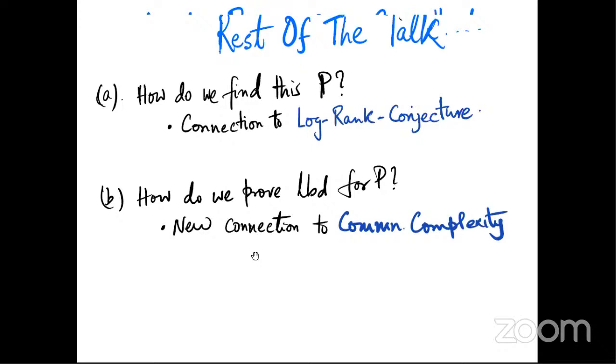What is more interesting and somewhat surprising, at least for me, is that this polynomial comes from the connection to the famous log rank conjecture in communication complexity. So we were guided to look for this polynomial by the log rank conjecture. This is, to me, the most surprising and perhaps the most illuminating part.